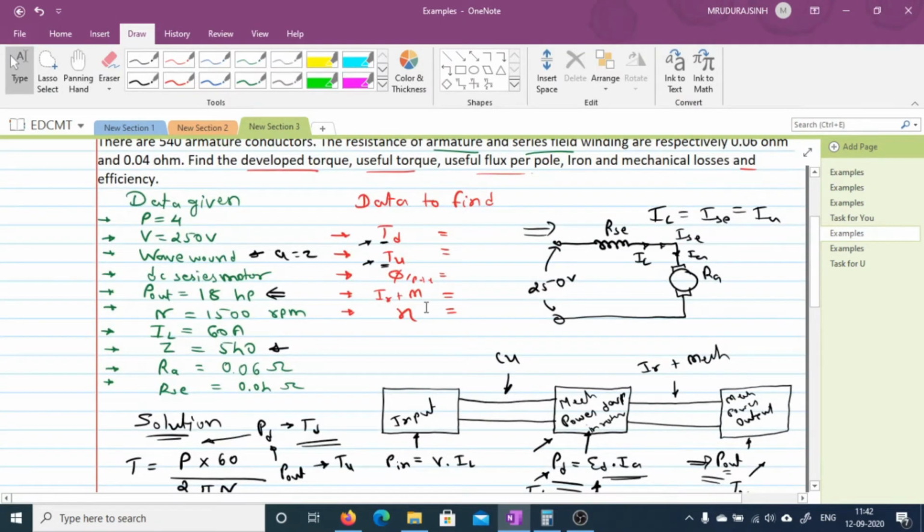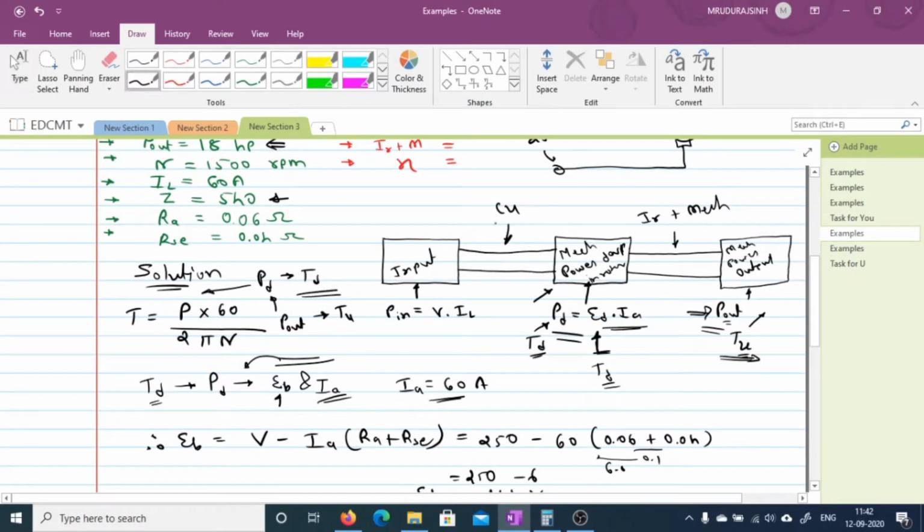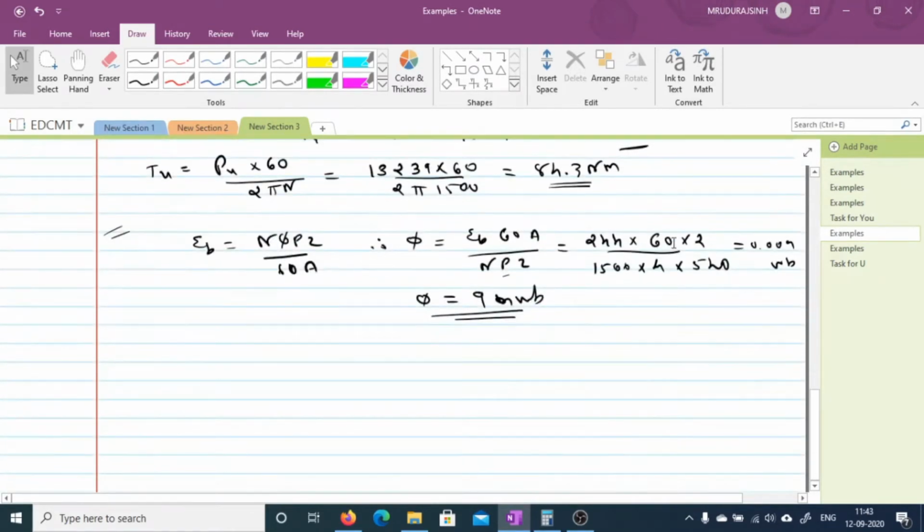Now we need to find iron loss and mechanical loss. Just observe here, iron loss and mechanical loss is the total loss that occurs in this section. This is the input for this section and this is the output for this section. If we subtract output from the input, we will get the iron loss and mechanical loss.